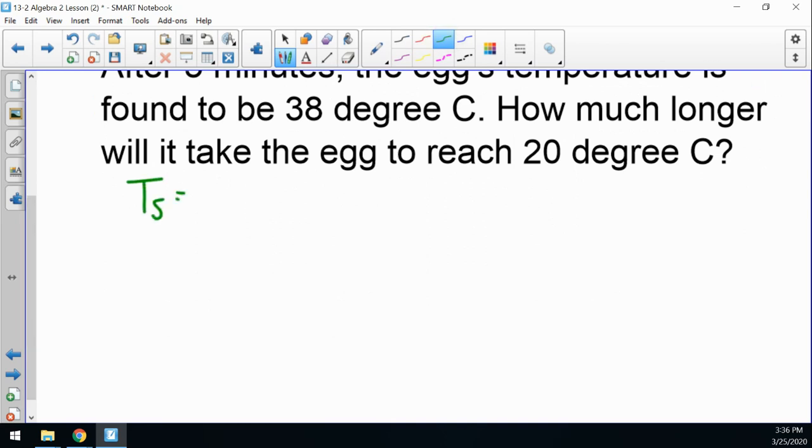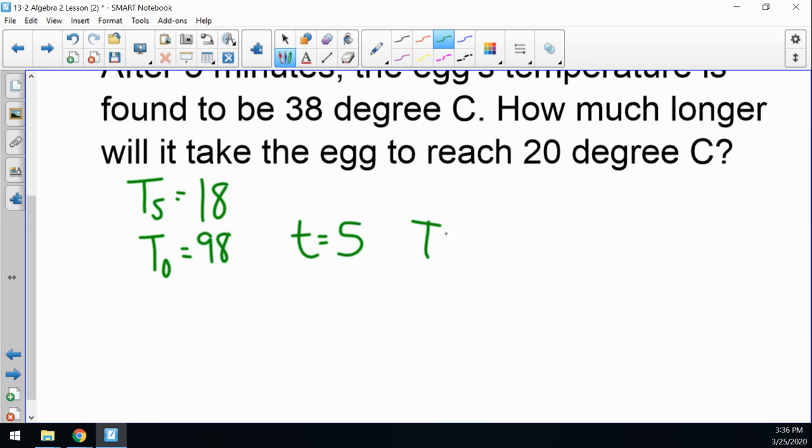TS is our change in temperature amount, and that's our 18 degrees Celsius. We know our initial temperature to be 98. We also know our time is 5 minutes, so we're going to say t is equal to 5. We also know that T is 38 at that point.